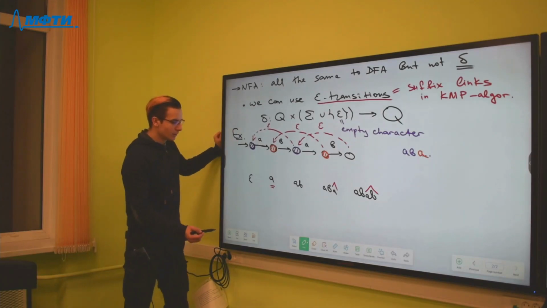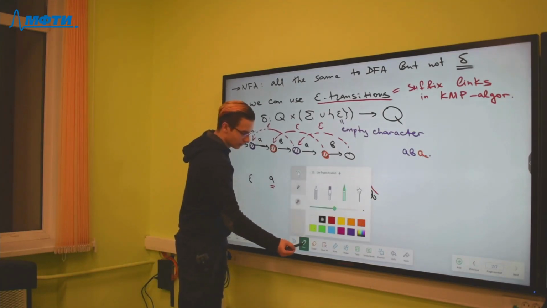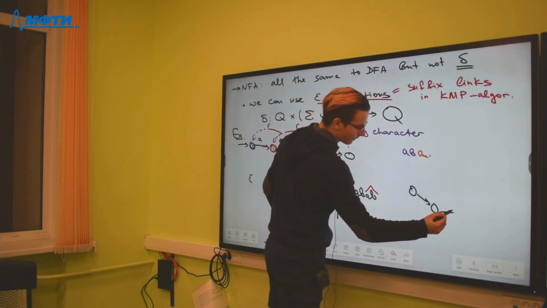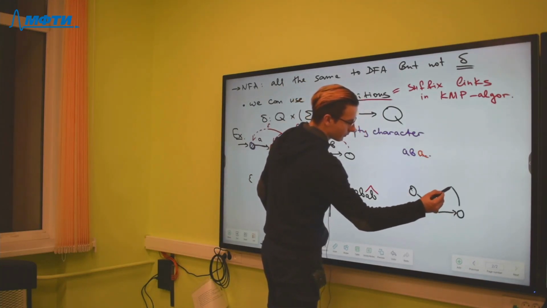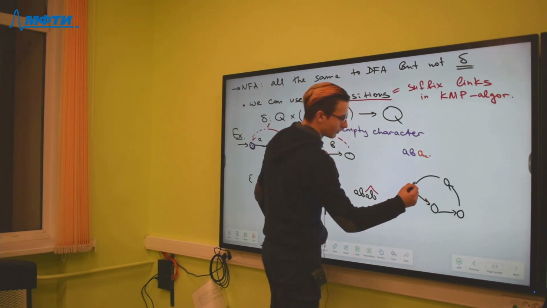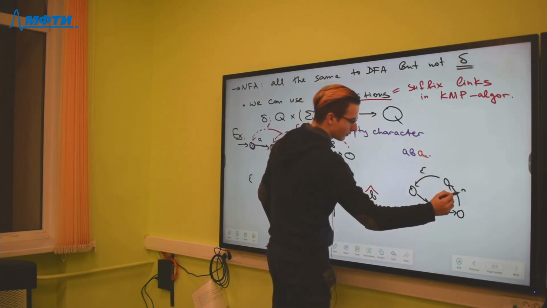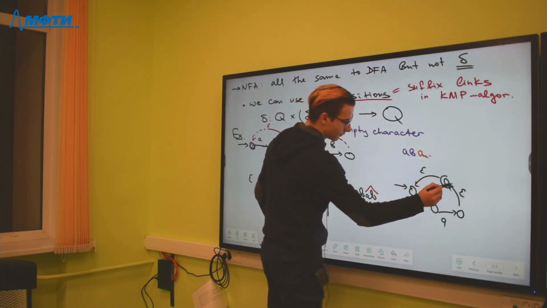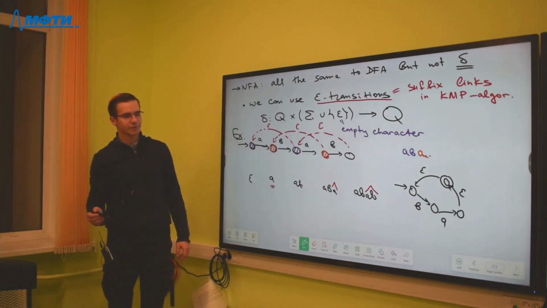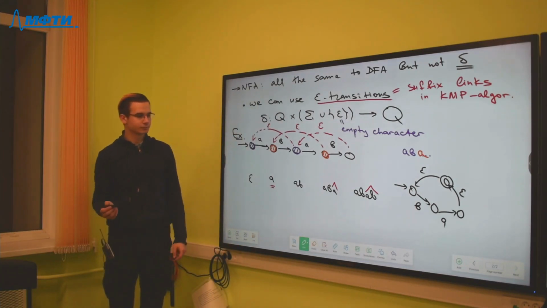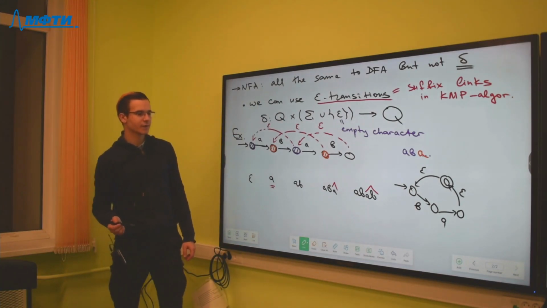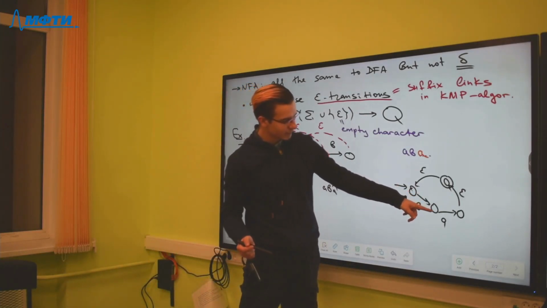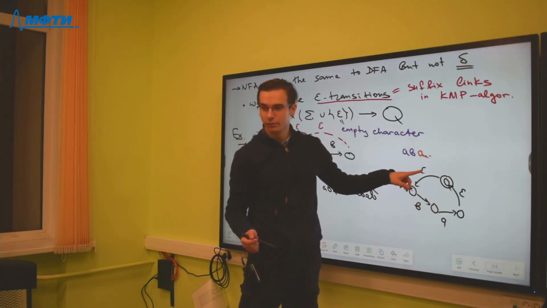So, for example, if you have such an automaton, you can say that there is a path from the initial state to this state equal to BAB.